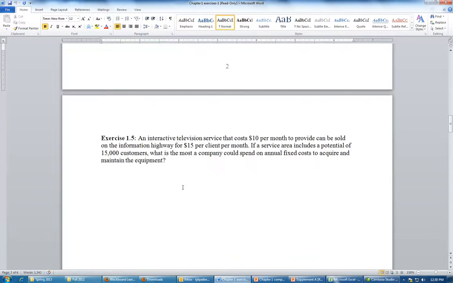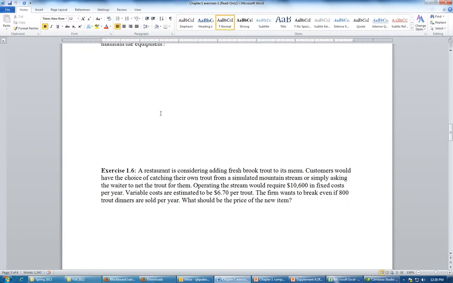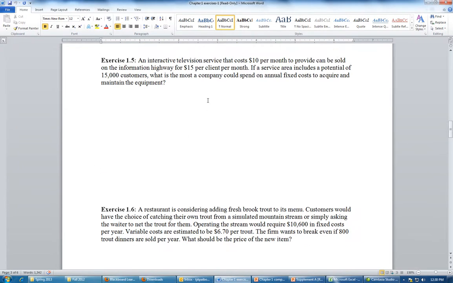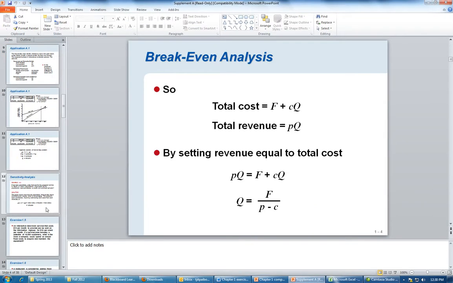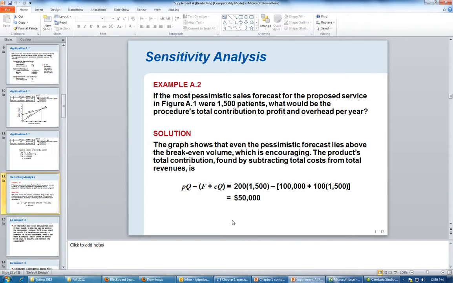Okay, students may try exercise 1.5 and 1.6 by themselves, and exercises 1.5 and 1.6 just use the algebraic approach, like this example. Let me show you.